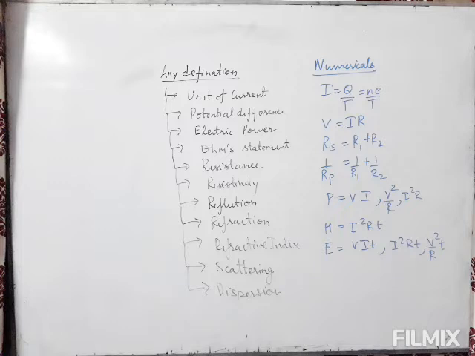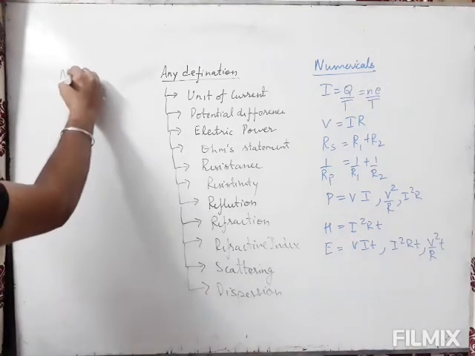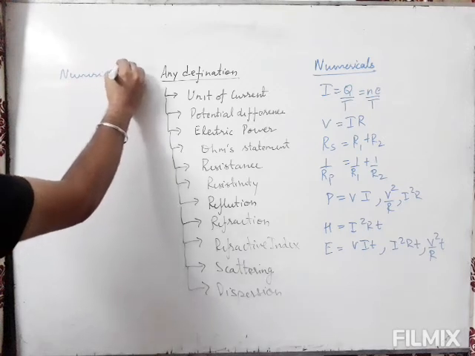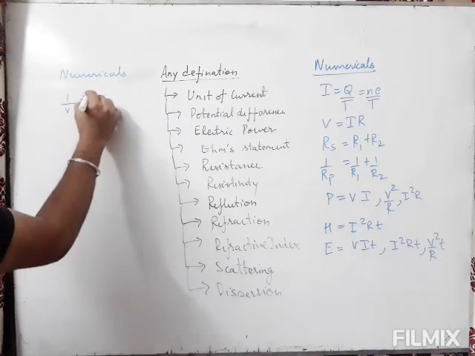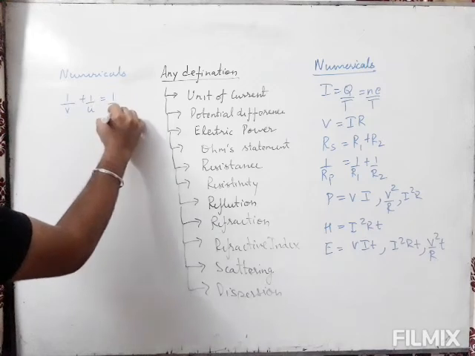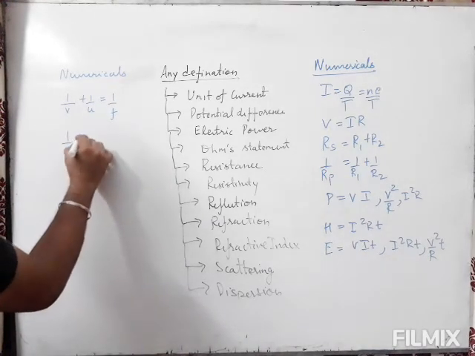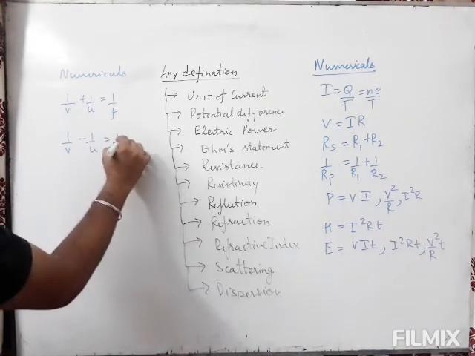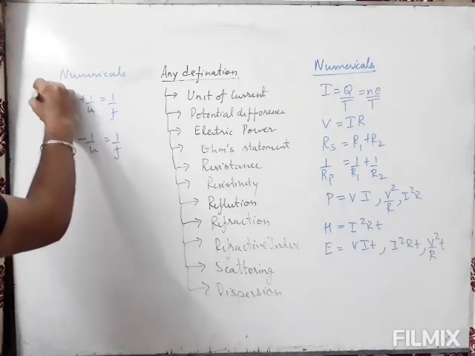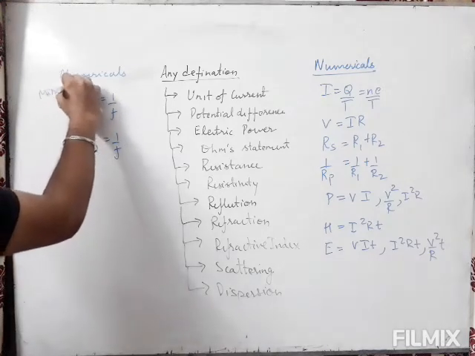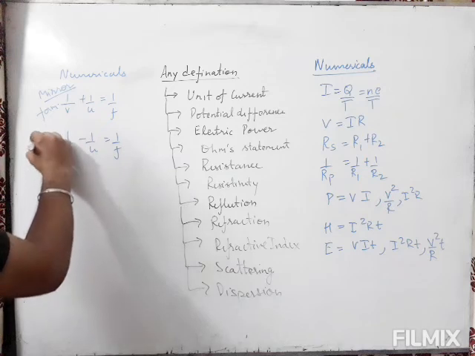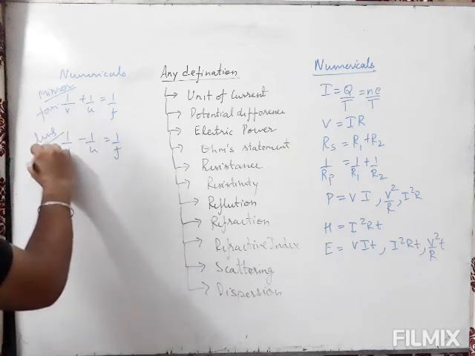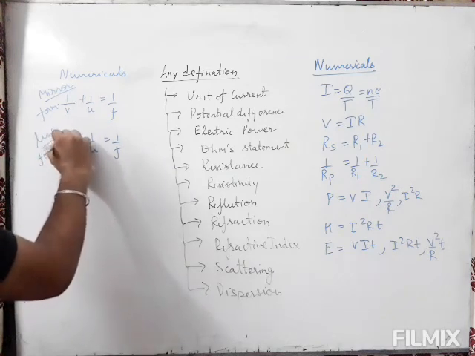And left out are the numerical formulas from the light chapter. You have 1 by V plus 1 by U is equal to 1 by F, and 1 by V minus 1 by U is equal to 1 by F. The first is for the mirror, known as the mirror formula. The second is for the lens, named the lens formula.